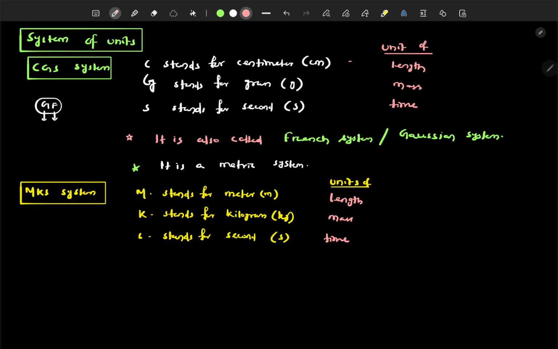These are the physical quantities. And also remember, it is a metric system.